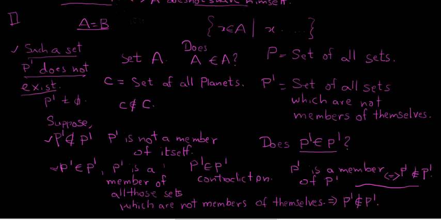We are just listing out all those sets with the condition that the set should not be a member of itself. So dismissing P prime as a set seems a fact which is hard to digest. It also questions our knowledge of set theory, since we are more often used to, as I was saying, writing down sets of this form.